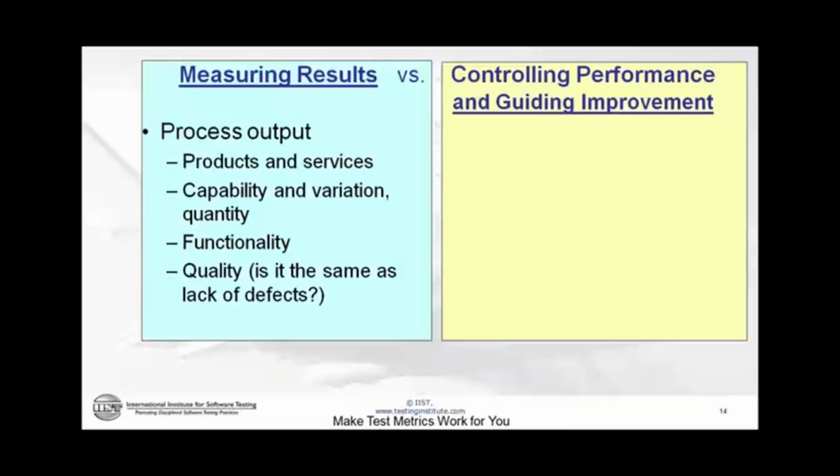And we need to realize that the quality measures that we tend to measure are in terms of defects, but there can be other measures of quality that are not the same as defects. So quality is different from simply not having defects, and includes things like performance and usability and so forth. Now, that's part of it.